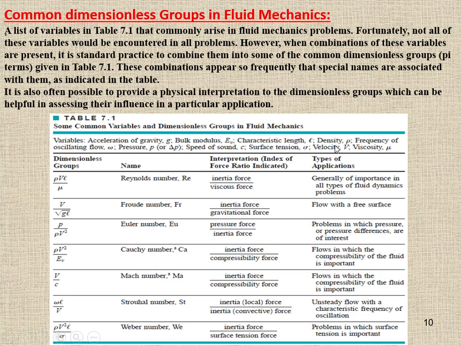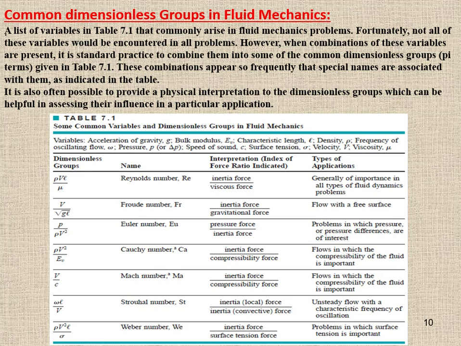These are the variables that commonly arise in fluid mechanics problems. Fortunately, not all of these variables are encountered in all problems, because depending on the nature of the problem and the phenomena, the variables change.